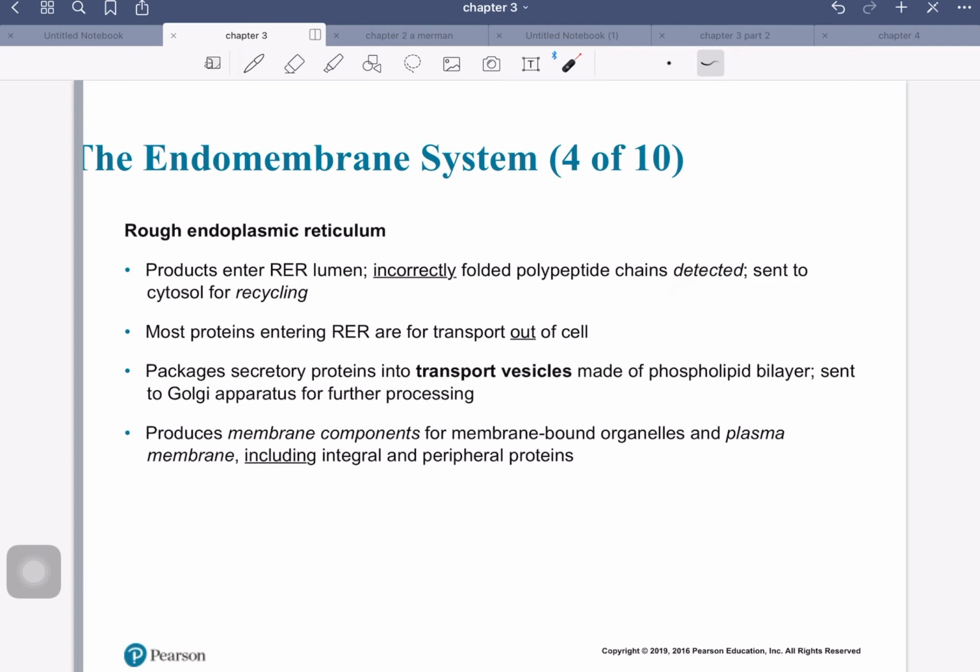Now, packages of these secretory proteins are put into transport vesicles, and these are made of a phospholipid bilayer, and they're sent to the Golgi apparatus for further processing. It also has another role, that it produces membrane components for many of the organelles that depend upon having a membrane, and also for the plasma membrane.